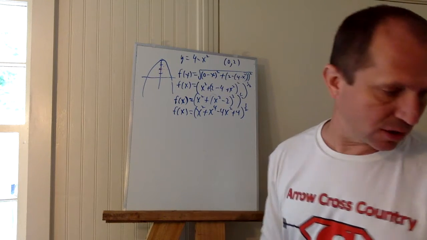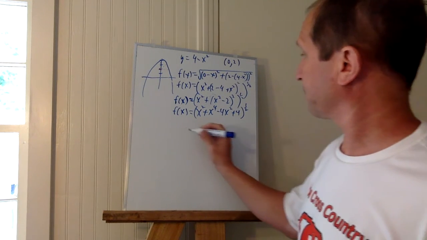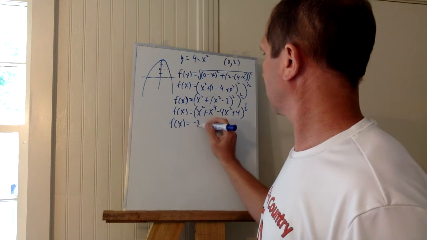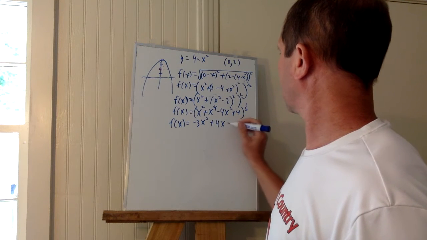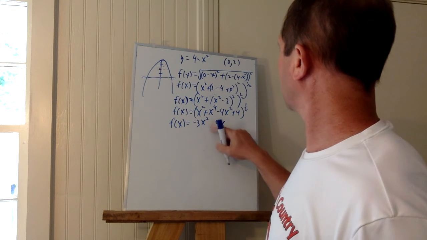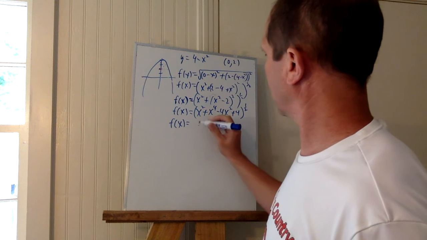And x squared minus 4x squared is negative 3x squared. Right, in descending order.